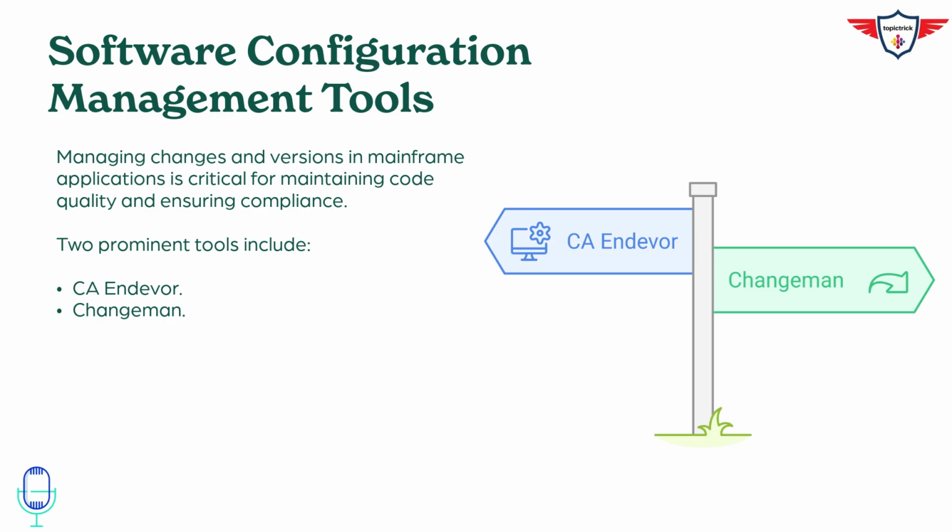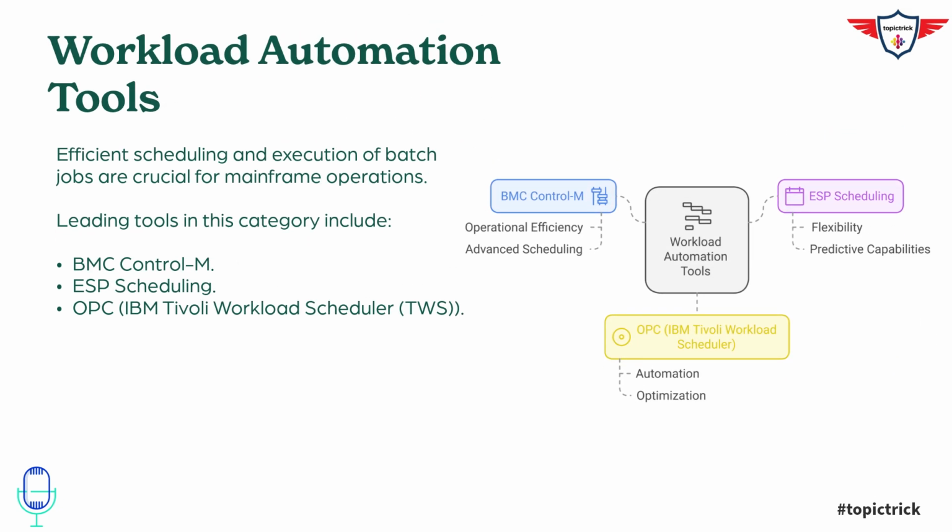Now, I'm curious about workload automation tools. I imagine that keeping a mainframe running smoothly requires a lot of these behind-the-scenes tasks, like processing data, generating reports, and backing up systems. Absolutely. Mainframes are constantly running what we call batch jobs, often at specific times or triggered by certain events.